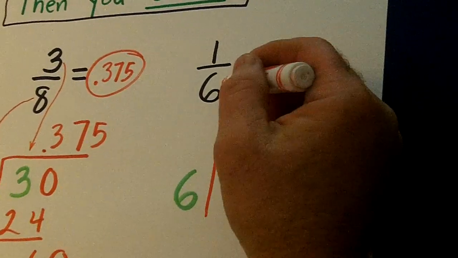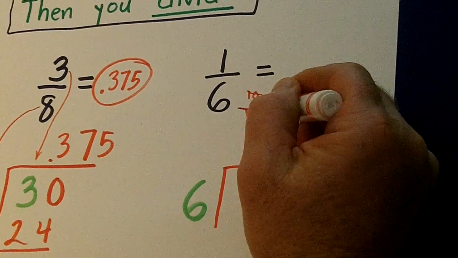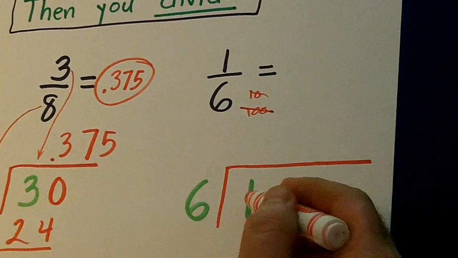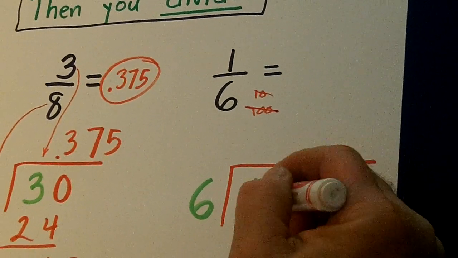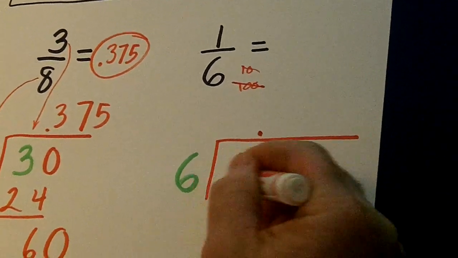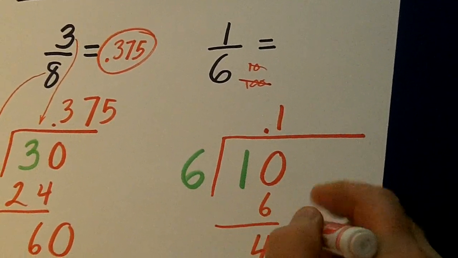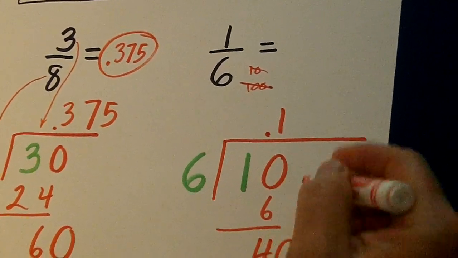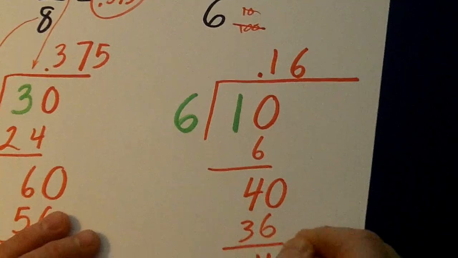1/6. Can 6 go into 10? No. Can 6 go into 100? No. So we go 6 into 1. The big number cannot go into here, so we go decimal 0. 6 into 10 is 1. We get 6. Then we get 4. We're past the decimal. Add the 0. 6, 36, 4.